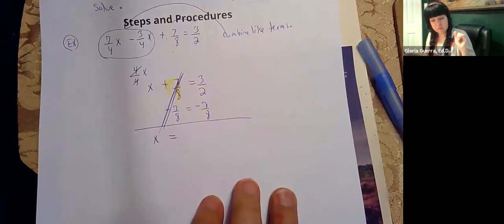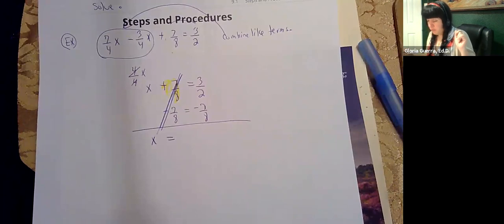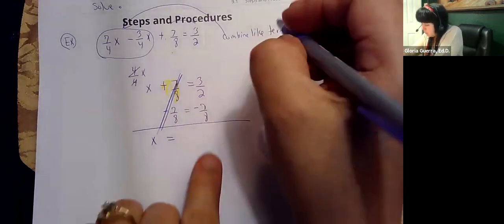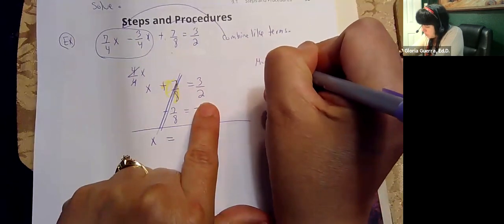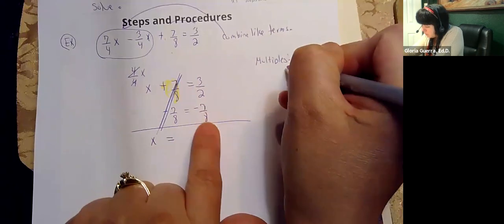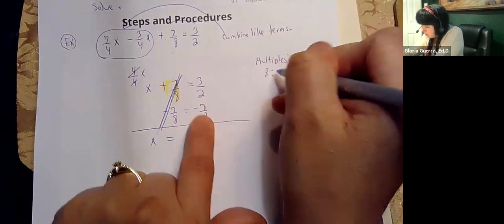X equals. Whenever you add and subtract fractions, you have to find common denominators. So I'm going to do my list of multiples on the side. My denominators, I'm going to put the bigger one first, 8, and then 2.